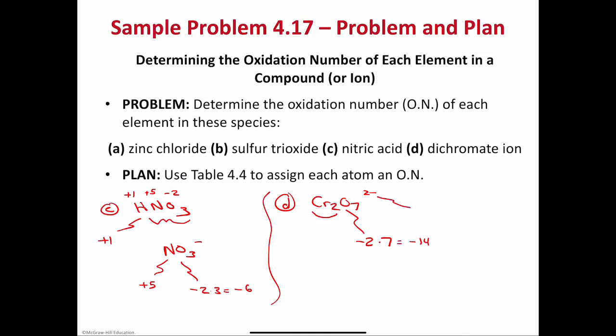That means I'm going to need a total of +12, because +12 plus -14 gives me -2. So if I need a total of +12 here, and there are 2 chromium atoms, that tells me that my chromium must have an oxidation number of +6. So again, my chromium has an oxidation number of +6, and my oxygen has an oxidation number of -2.